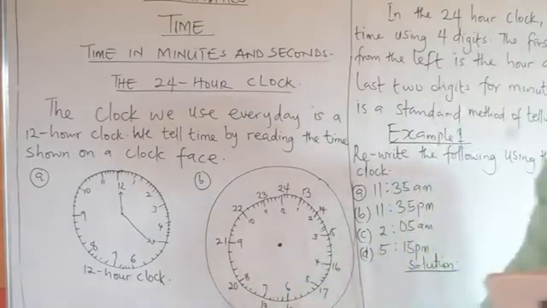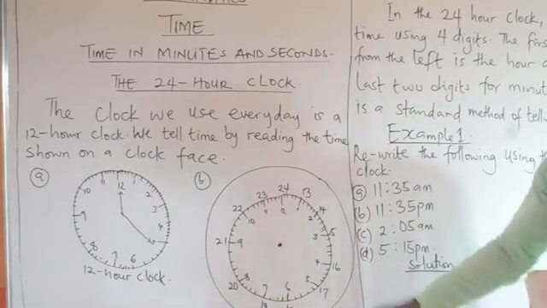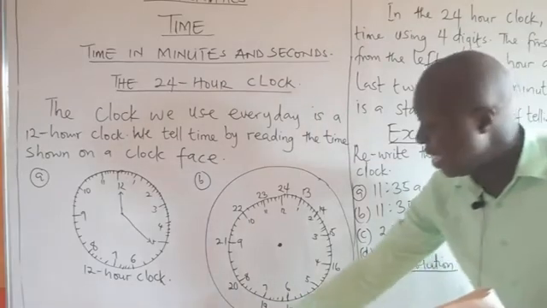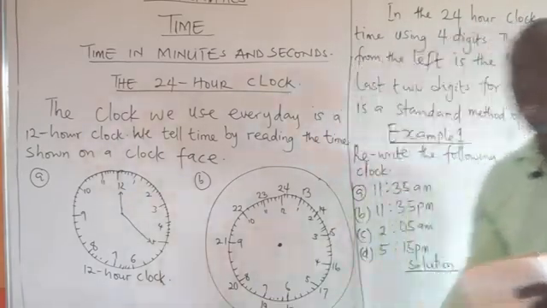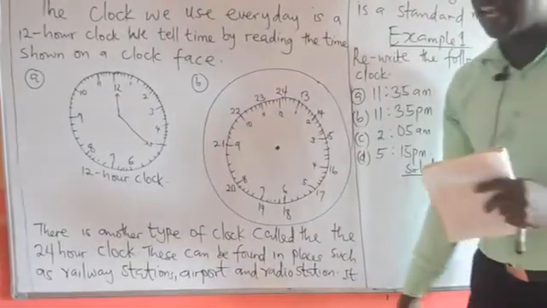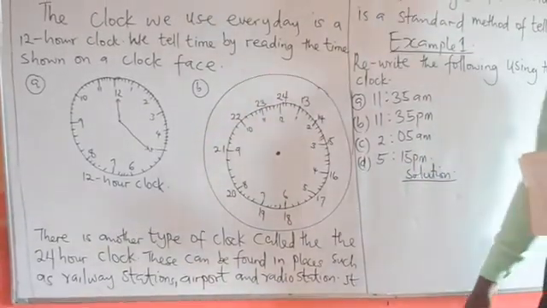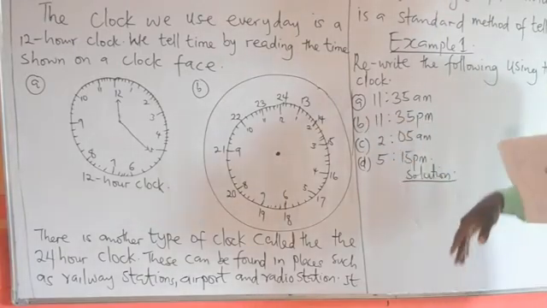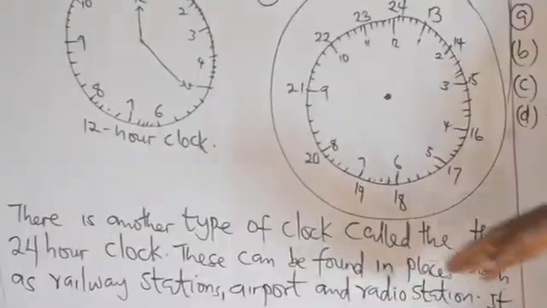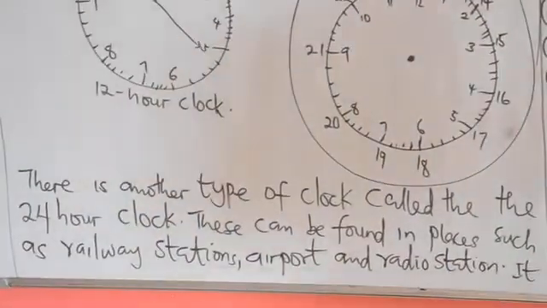There is another type of clock called the 24-hour clock, and this can be found in places such as railway stations, airports, and radio stations.